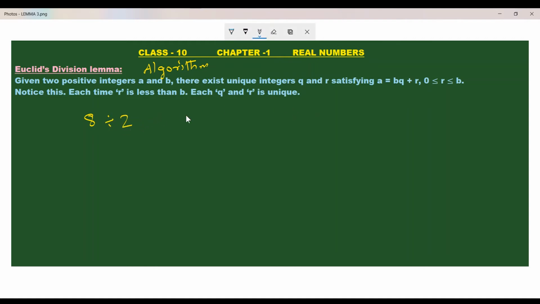We have some steps. We write 8, draw a division bracket, and write the divisor here. Next, we need to find the multiple of 2 which should be equal to 8 or lesser than 8. We know 4 twos are 8, and then we subtract to find the remainder. Here the remainder is 0.